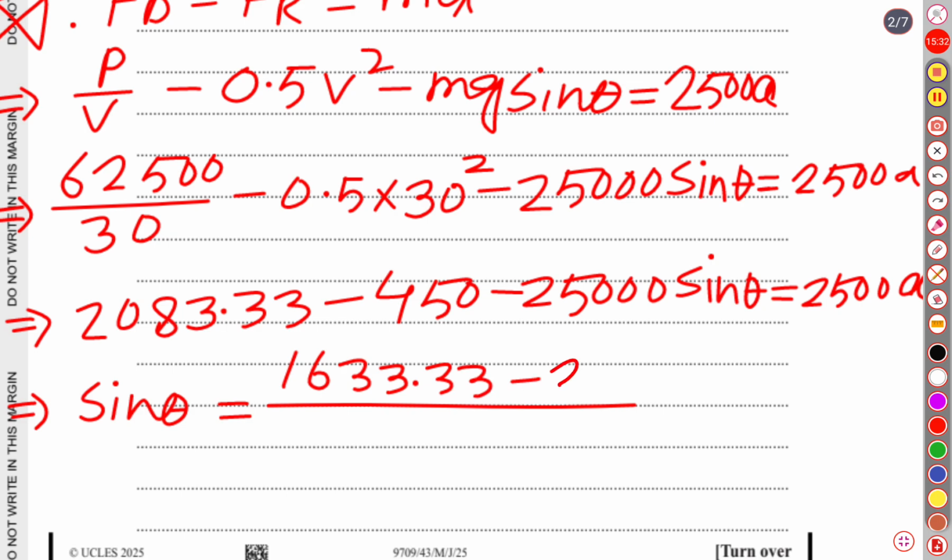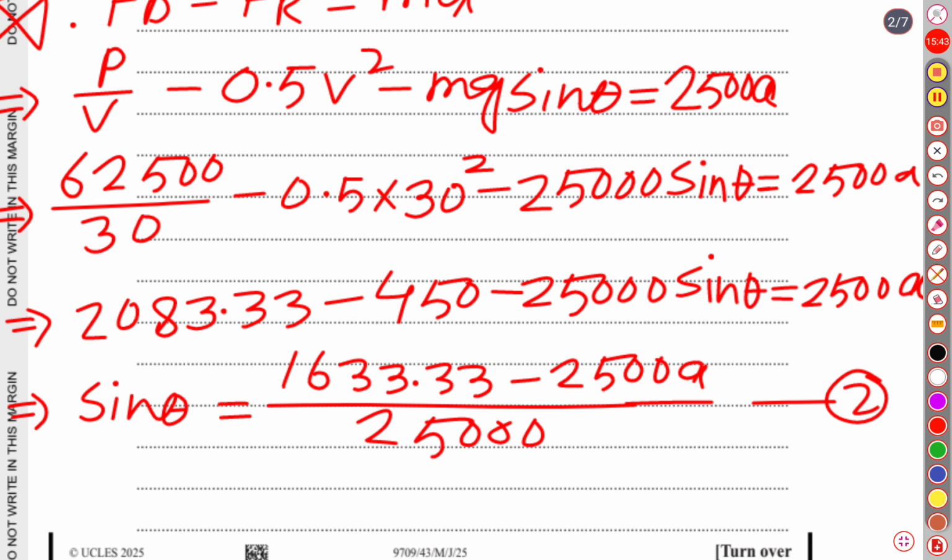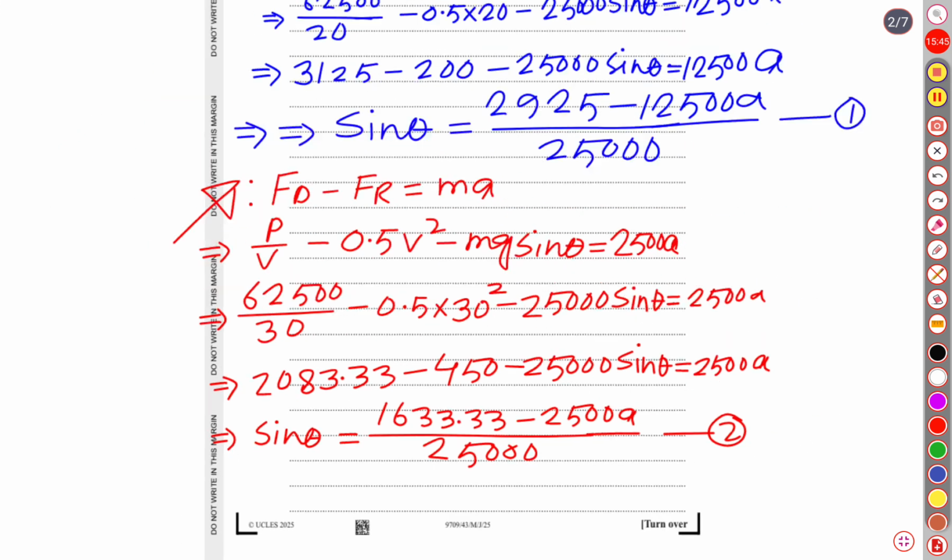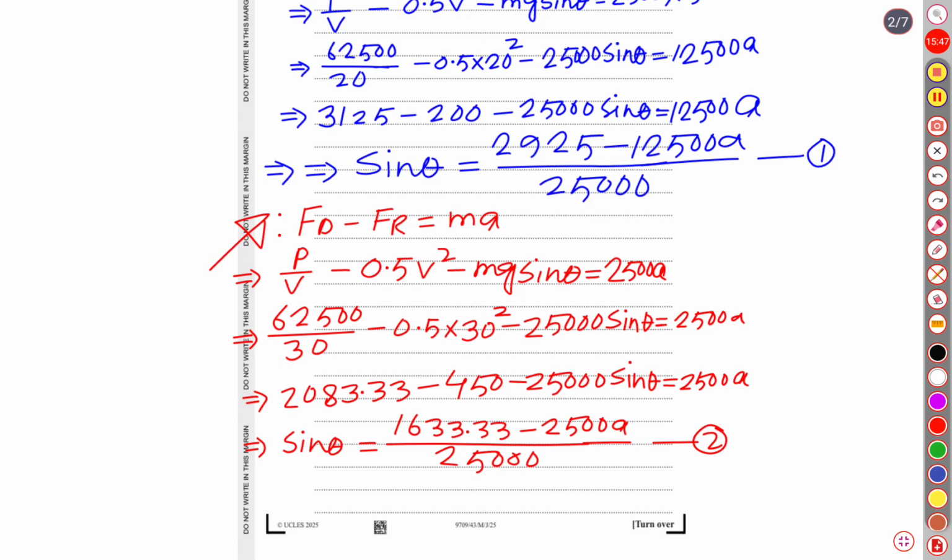That may be equation number 2. If we observe both equations, the left sides are sine theta, so surely the right sides will also be equal.